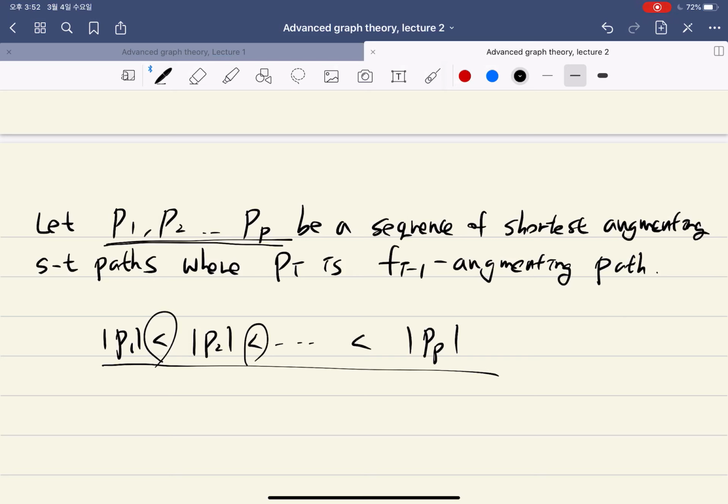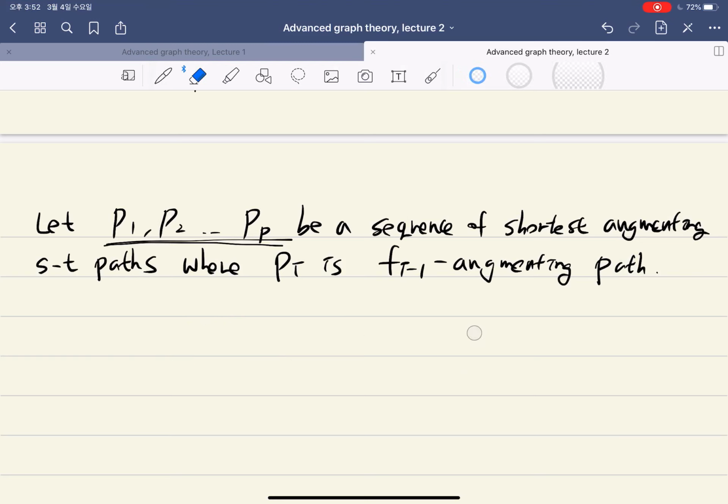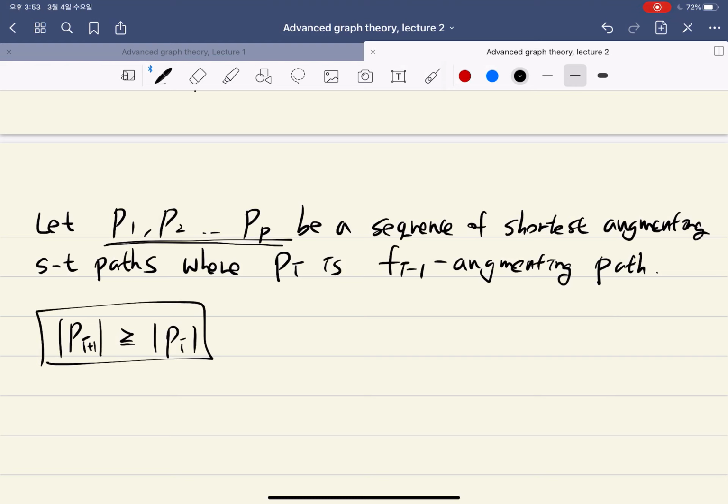So in many cases this inequality could be equality, but in some cases, once in a while, this must be a strict inequality so that we can actually get a contradiction. So we want to essentially prove two things. First is that this keeps increasing. And two is that for certain cases, these are strict inequalities.